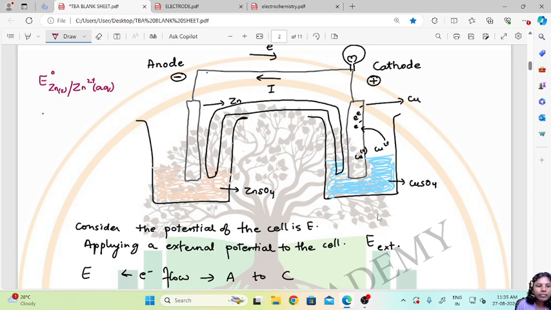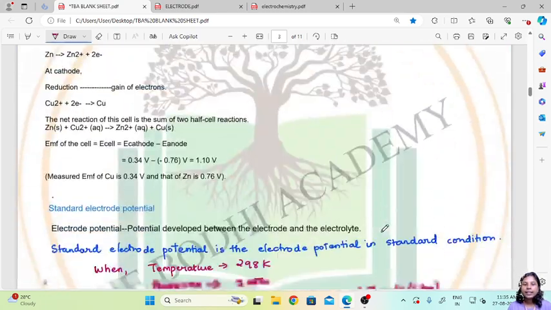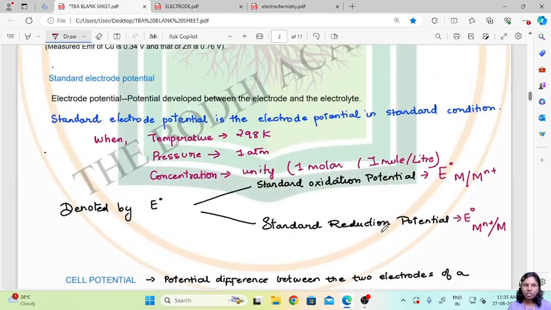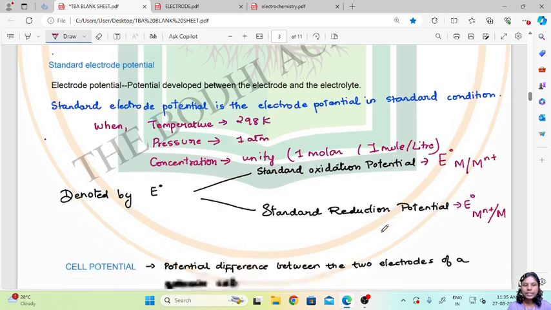And secondly we have E naught, that is going from Zn, we have copper, so it is going from Cu2+, that is aqueous, to Cu, that is 0 oxidation state. Here also 0 oxidation. Understood? So this is how you can denote the standard electrode potential of any given cell.